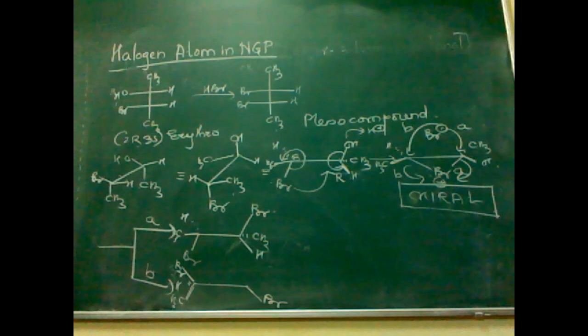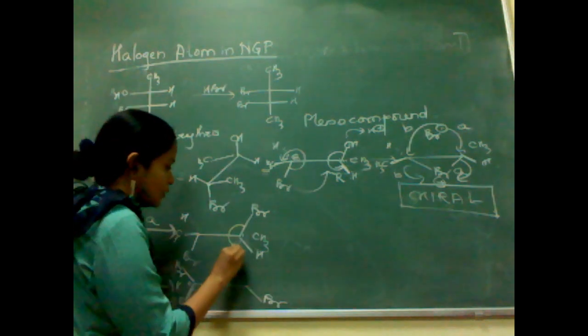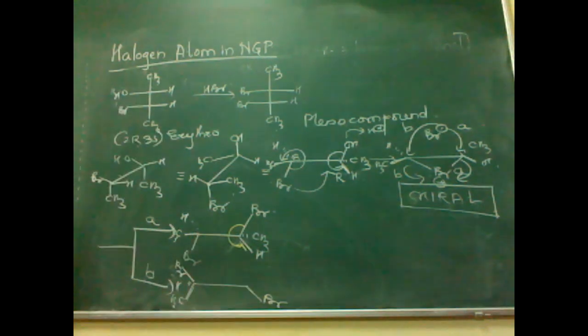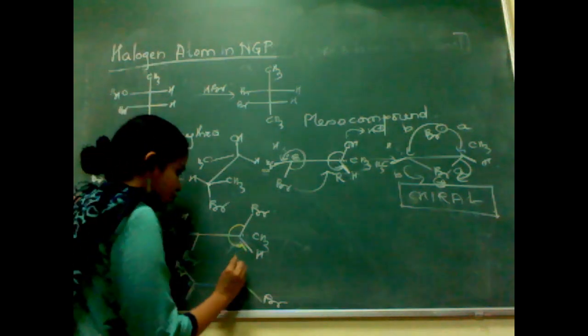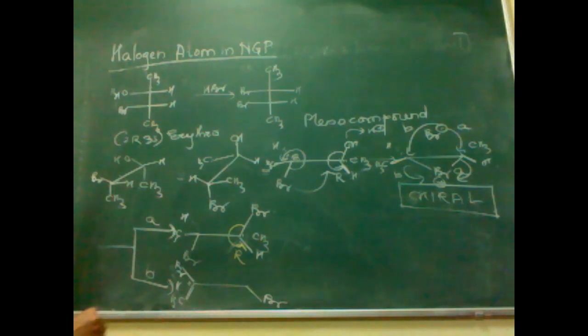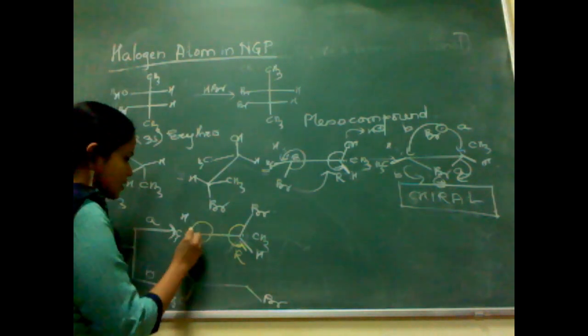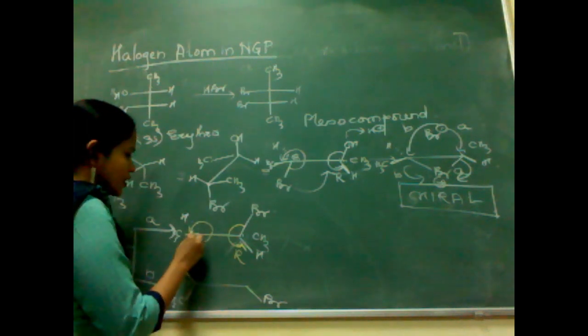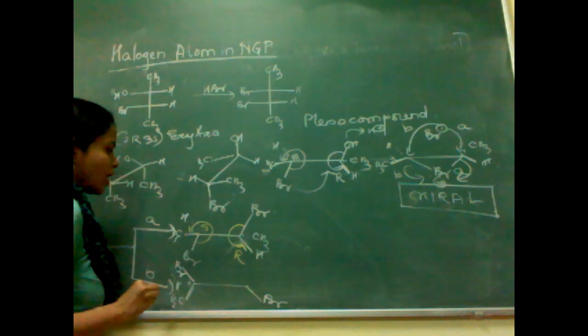So again what you do is you can assign configuration. This bromo group is going in anti-clockwise direction. The group of lowest priority, hydrogen, is coming towards the observer. So this is R. Now if you assign configuration over here, again it is going in anti-clockwise direction, but the group of lowest priority is going away from the observer.